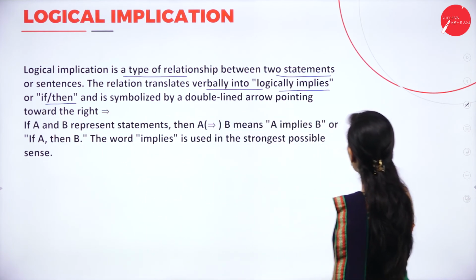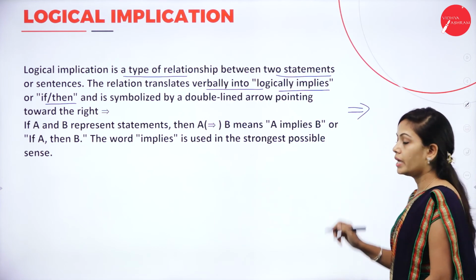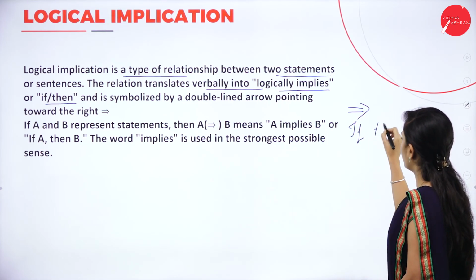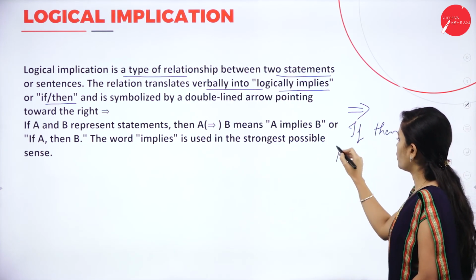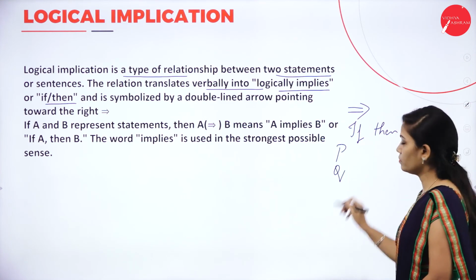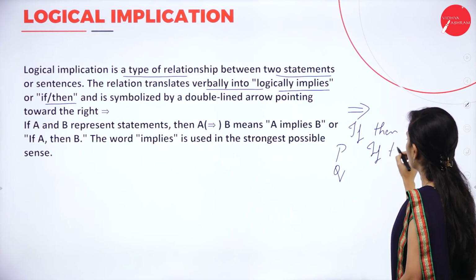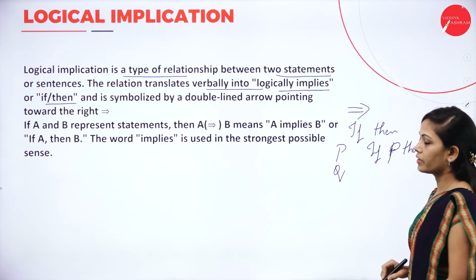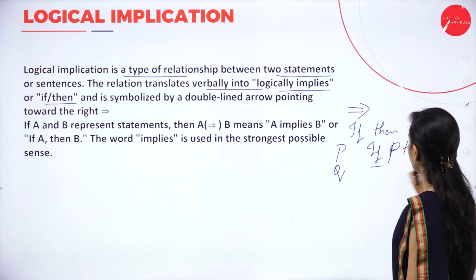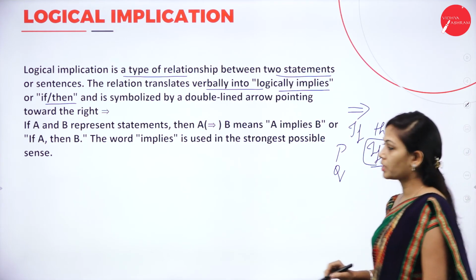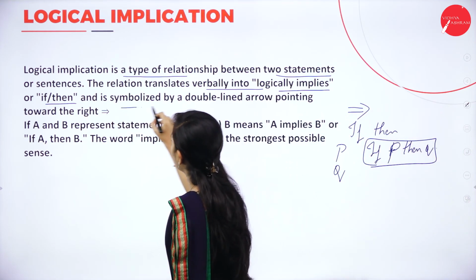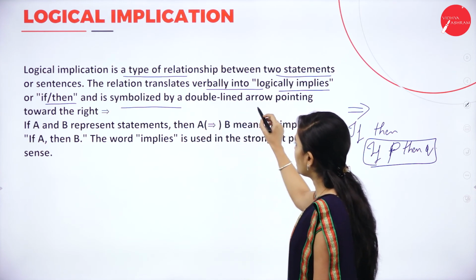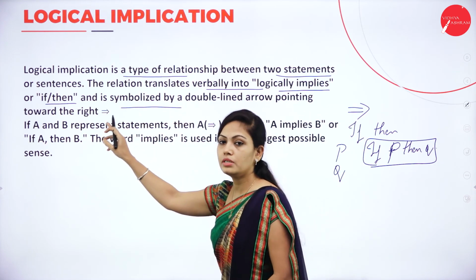Logical implication can be represented by this symbol, right? If then. Example, if you have two statements P and Q, if P, then Q. We can write it in the form of implication, if P then Q, and it is symbolized by a double line arrow pointing toward the right.